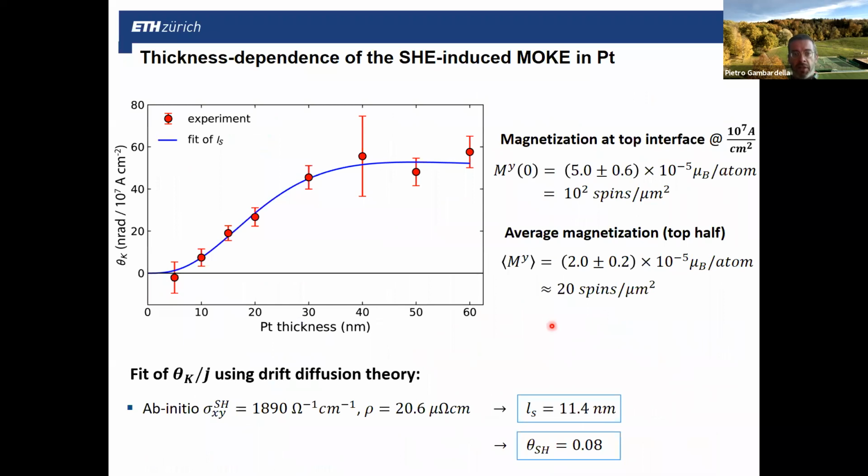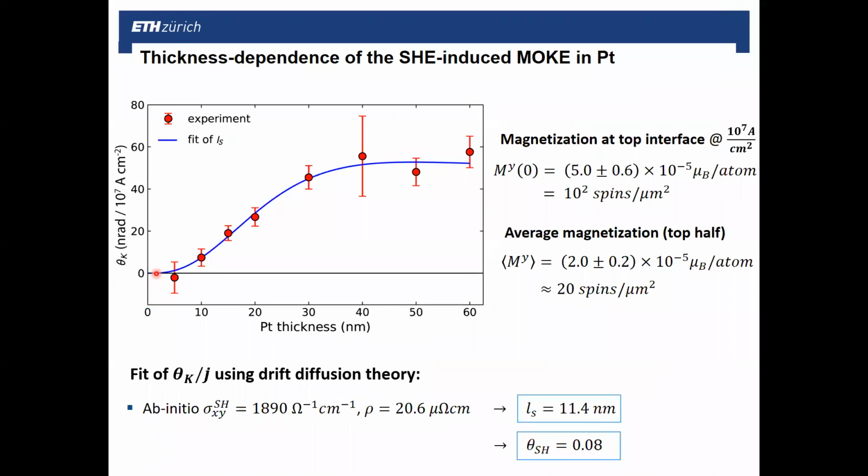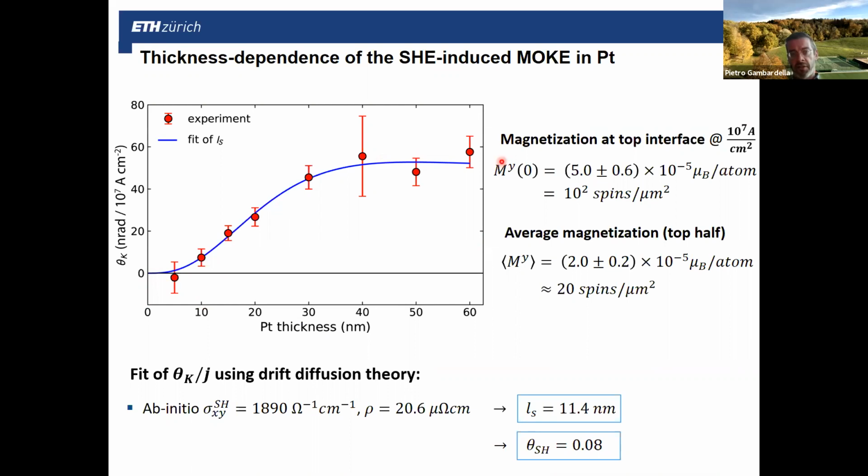Then we can measure this effect as a function of thickness of the platinum layer. So here you have platinum thickness and the Kerr rotation. This is essentially a measure of the surface magnetization. And you see that the signal grows over a certain thickness, and that is a result of the fact that in order to observe accumulation, the thickness of the platinum Hall bar has to be larger than the spin diffusion length of the platinum itself.